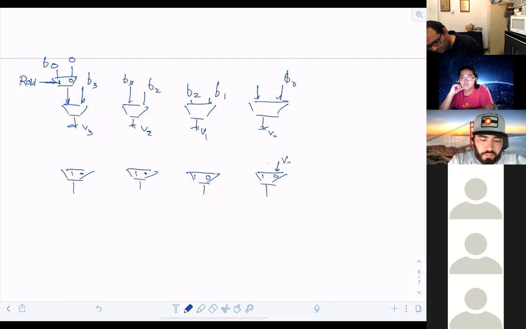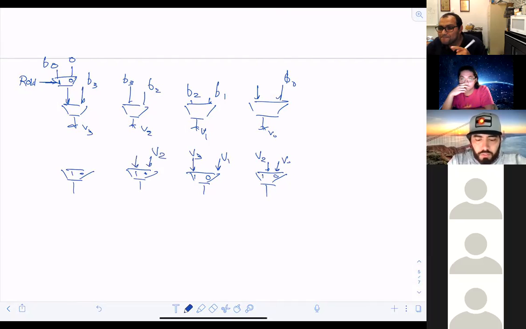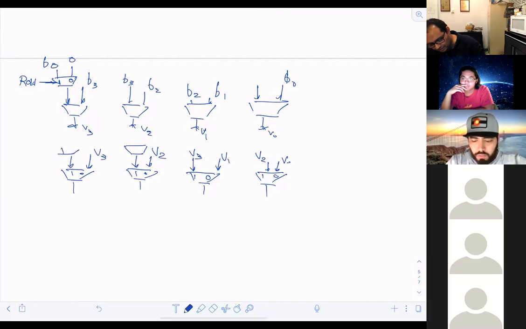So V0, V2, V1, V3, V2. It's a multiplexer. Not the same multiplexer, but almost. So here it's gonna be 0 and 1, 0 and 1. Here we're gonna have 0. Here V0.